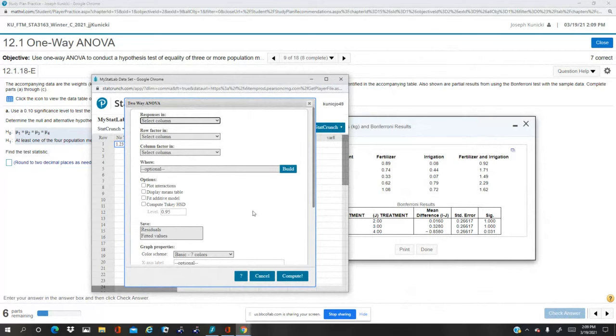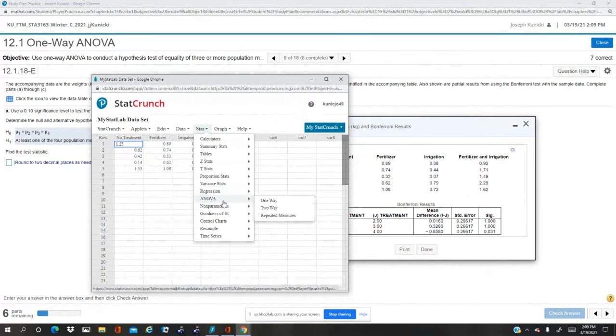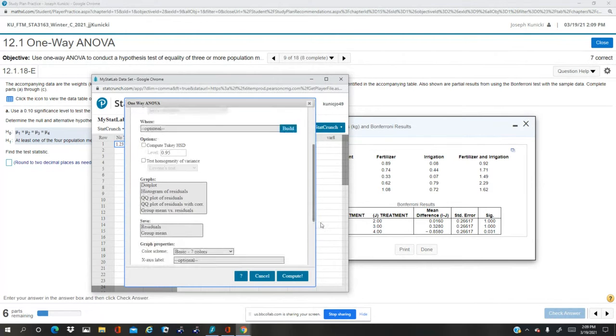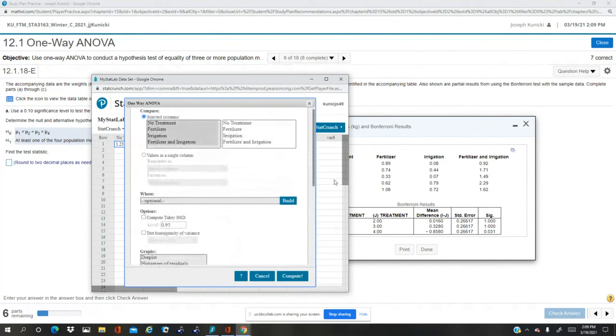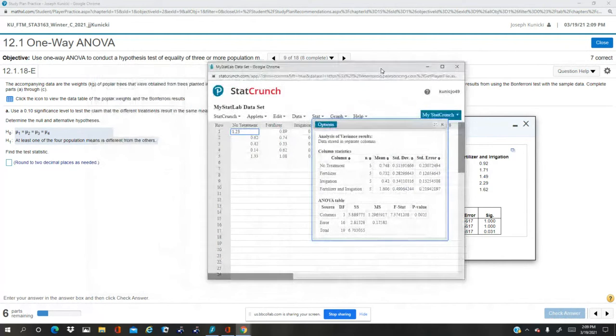Oh, not 2-way. My bad. Stat, ANOVA, 1-way. And we're going to select all of the columns. And I think that's all we have to do. Yep, we just compute.